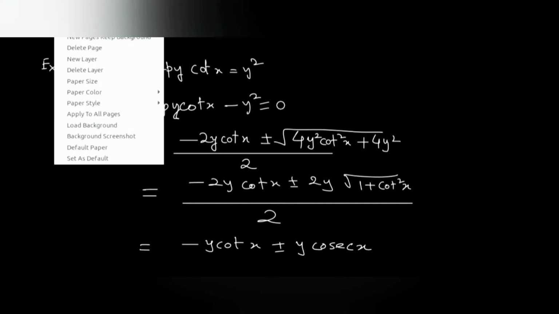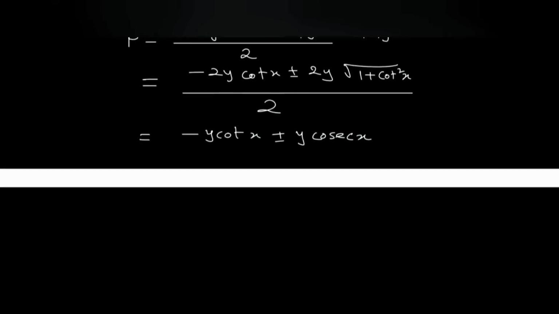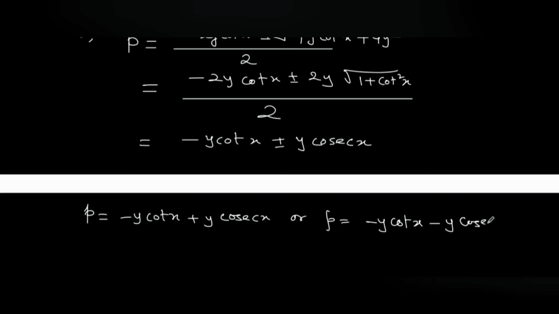Okay, so p is minus y cot x plus y cosec x, and another is p is negative y cot x negative y cosec x.